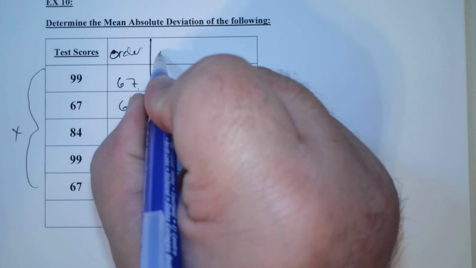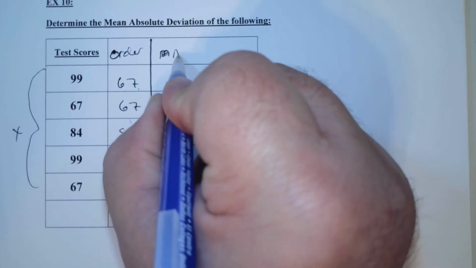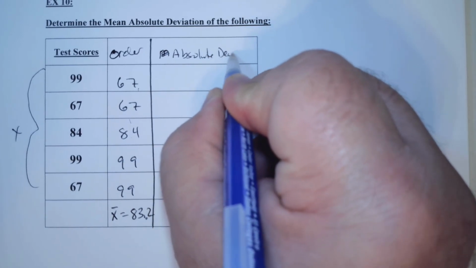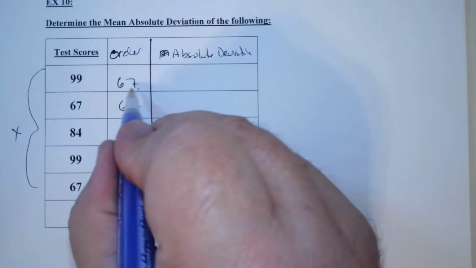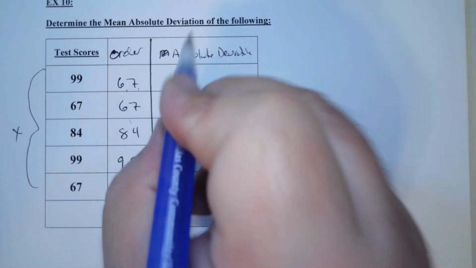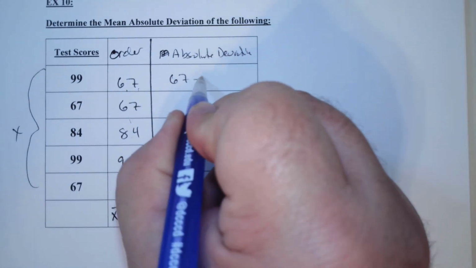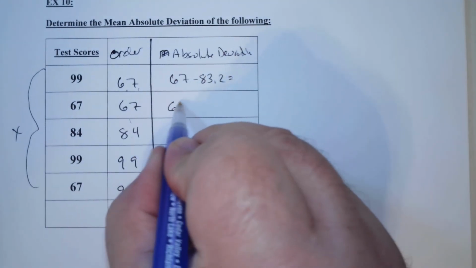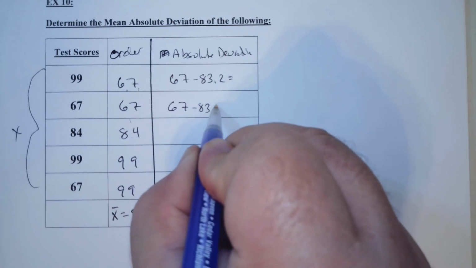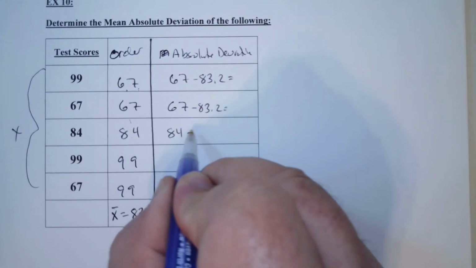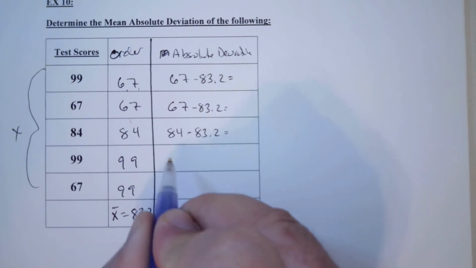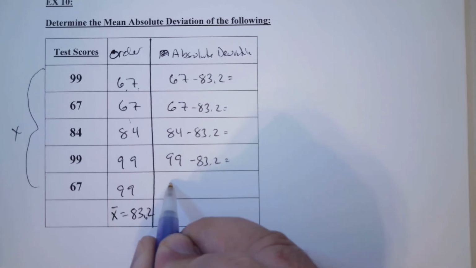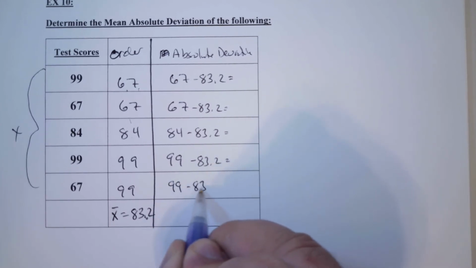Now take the absolute deviation. I'm taking each one of these numbers: 67 minus 83.2, 67 minus 83.2, 84 minus 83.2, 99 minus 83.2, 99 minus 83.2.